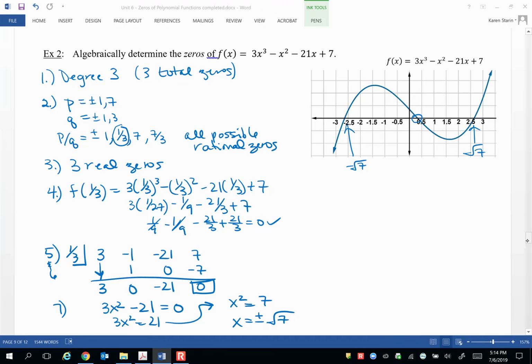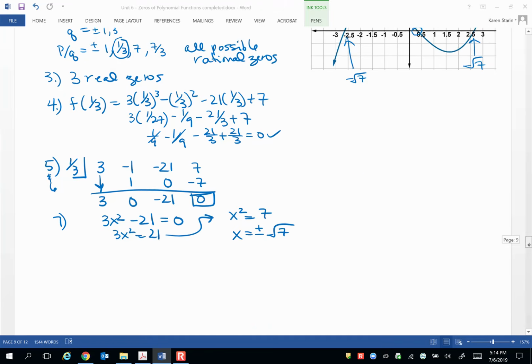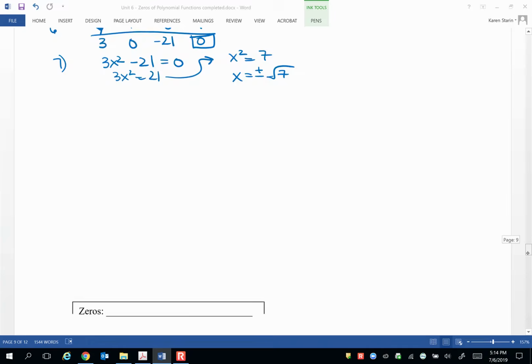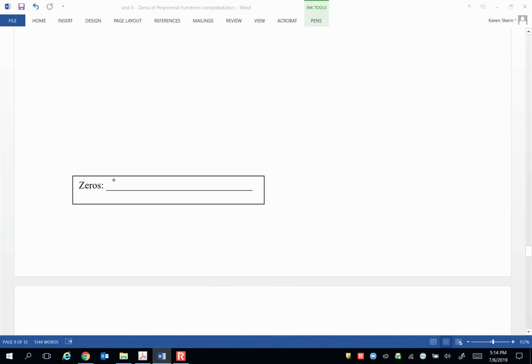All three of our zeros are real because we see them as x-intercepts, and we have one rational of 1/3. We have two irrationals, positive the square root of 7 and negative the square root of 7.